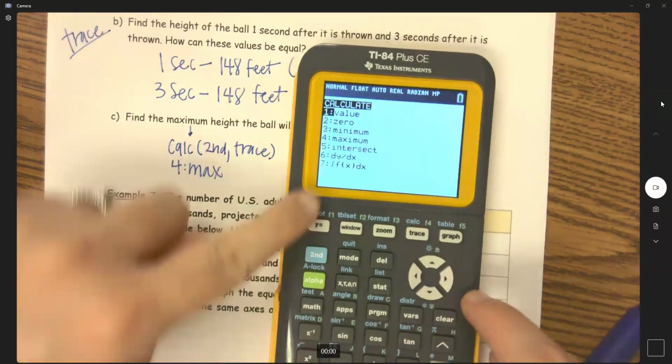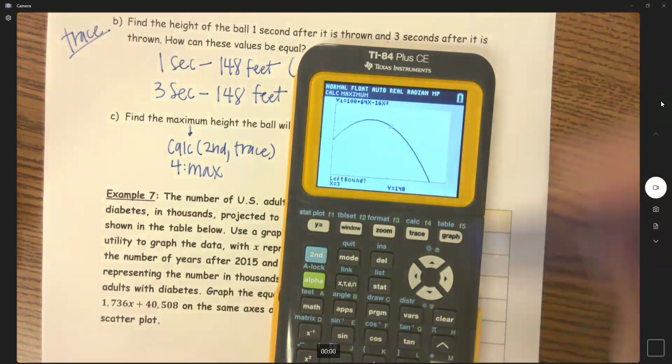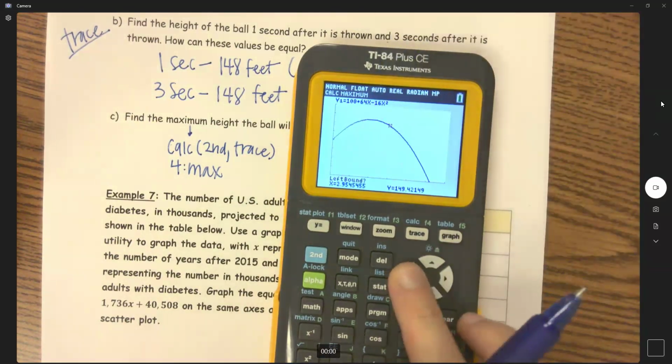Second, trace, number 4. Left bound, I am to the right. If this is where my max is, I need to go to the left of that. So arrow over.